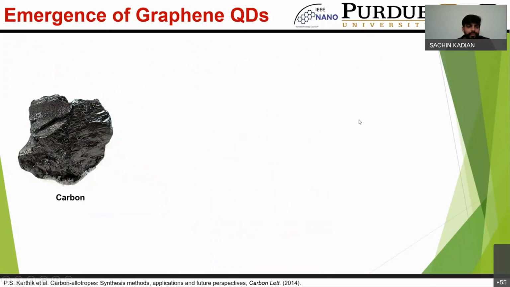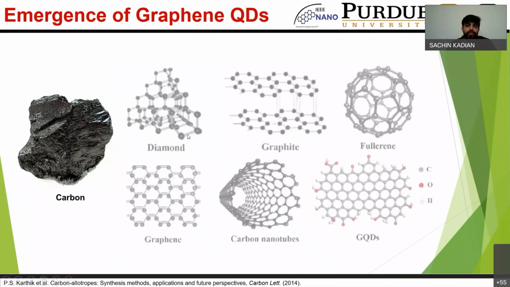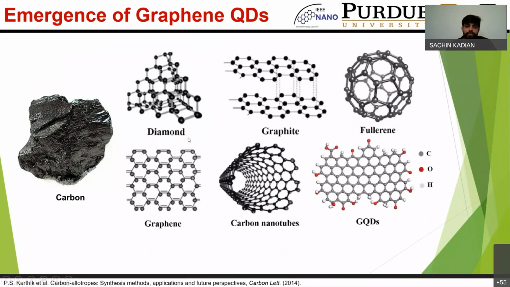As we all know, carbon is the most abundant material on this planet, and it has been of immense interest to researchers and scientists for the last 100 years. The main property of carbon is that it can be bonded in several ways, and because of that, lots of allotropes came into the story of carbon.